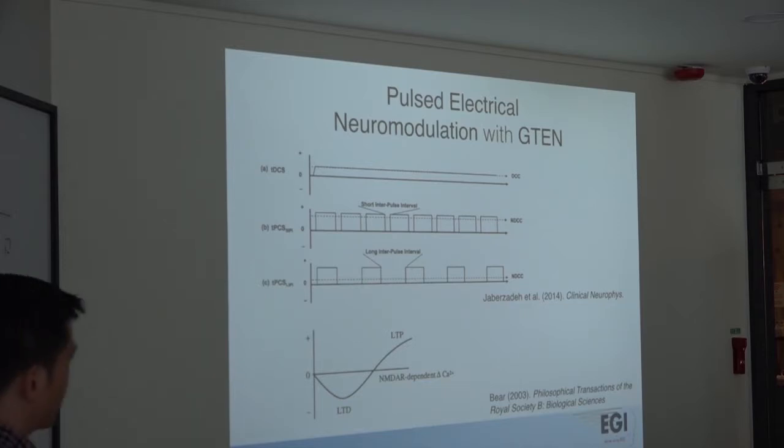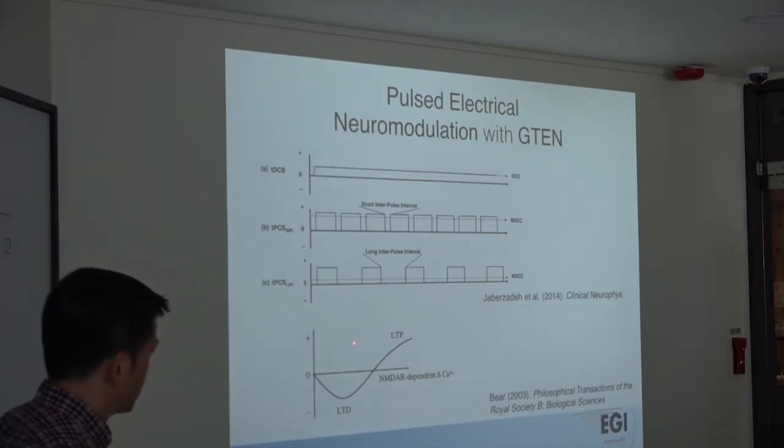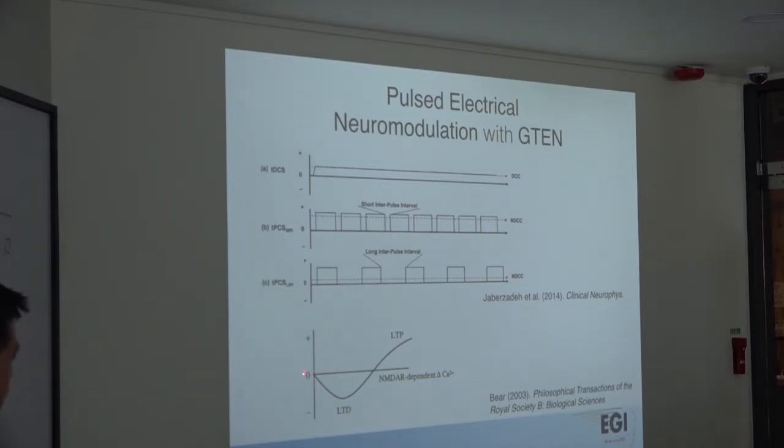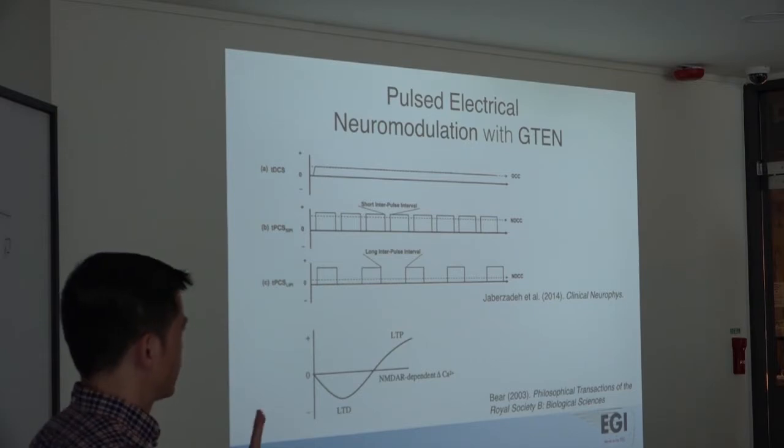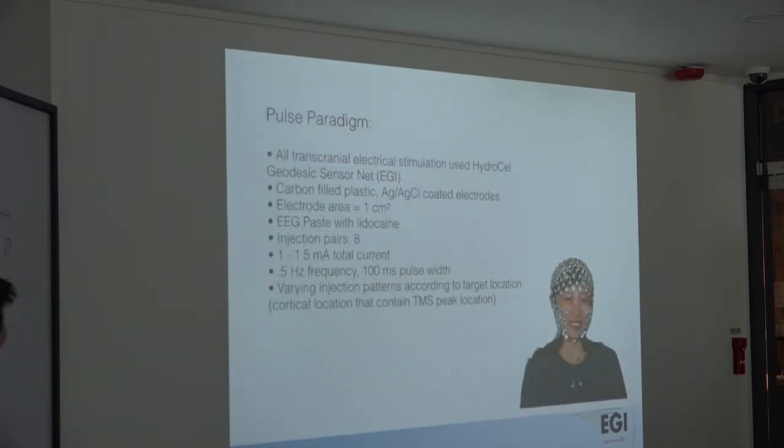I won't go into it, but LTD and LTP, long-term depression, which is inhibition, and long-term potentiation, which is excitation, really depend on the rate. And the rate influences how calcium goes into the cell. And that's what changes, okay? That's just very brief. All right.